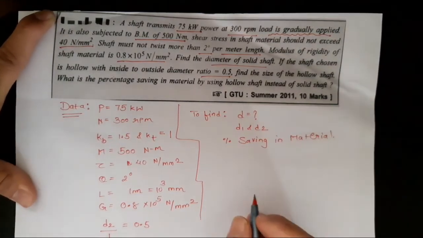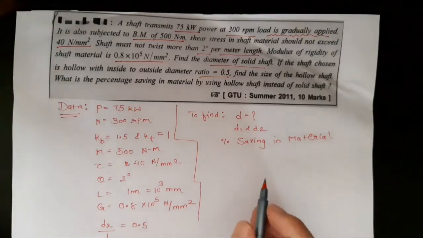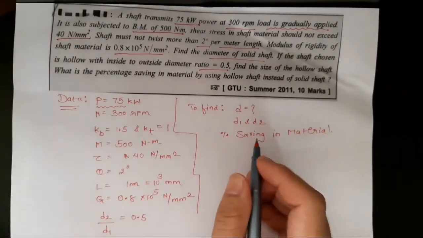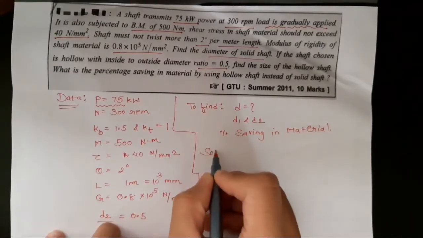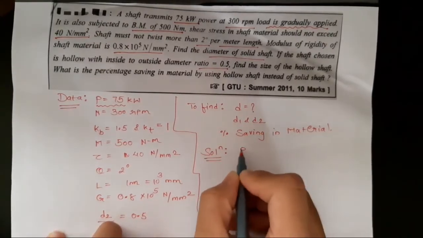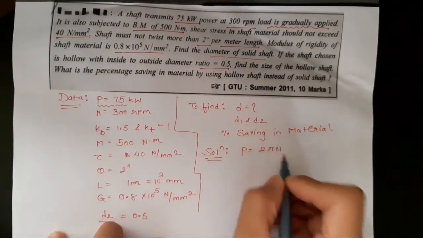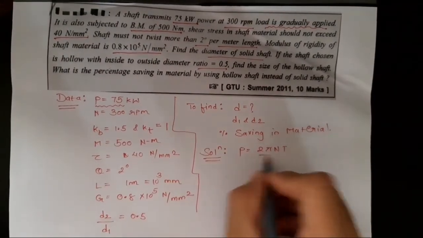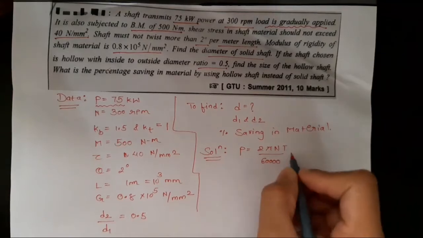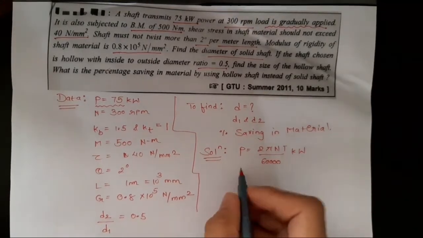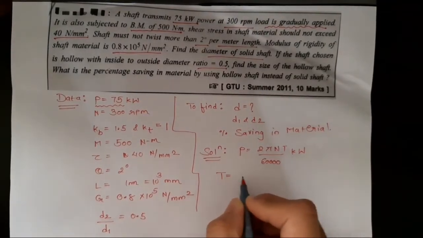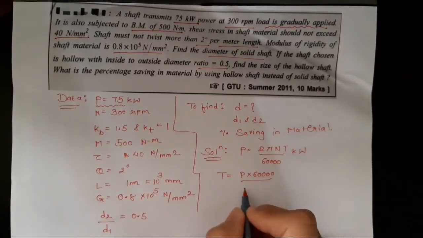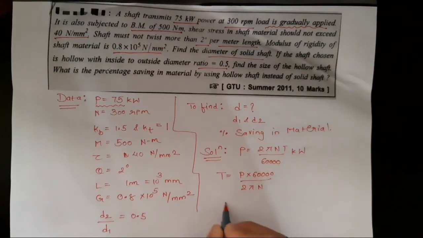First, from the data we have a hint, that is power is given. As we know, the formula of power is power equals 2 pi n T by 60,000, in kilowatt unit. So from that torque can be calculated, that is P into 60,000 divided by 2 pi n.